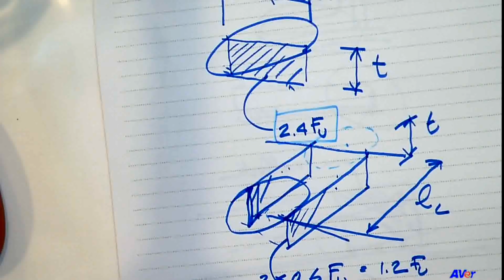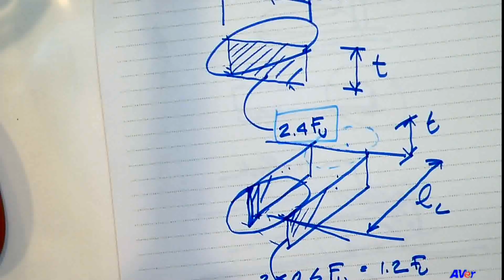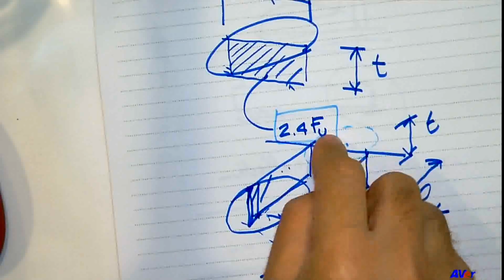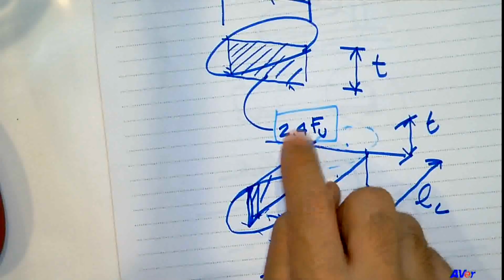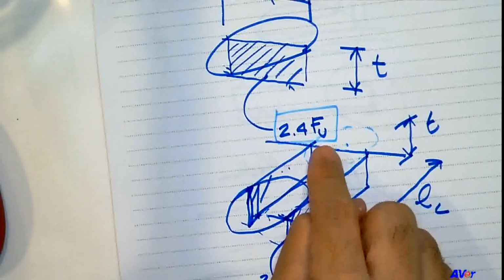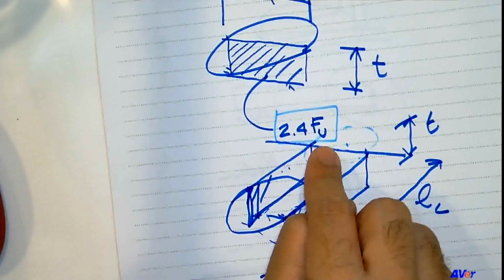But this is bearing. When you press the steel together, it's going to fail when the stress reaches 2.4 Fu because it's a pressure. So steel is very, very strong against pressure. That's why the failure occurs at the stress equal to 2.4 multiplied by the ultimate tensile strength.